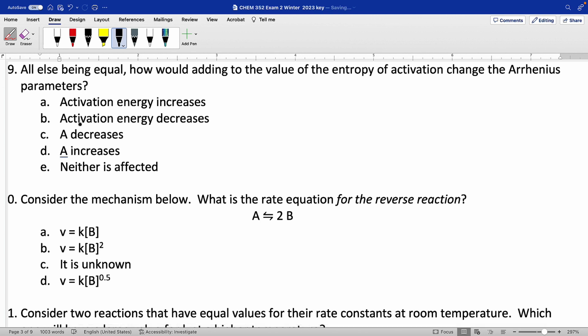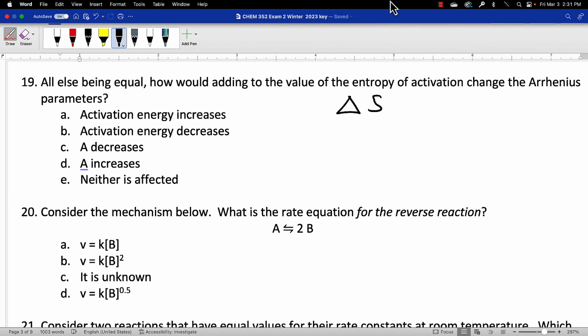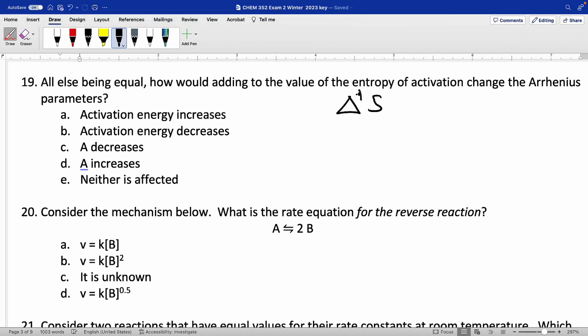And here, similar problem, where we're taking our entropy of activation, and it's really asking the same question, just another way. What's the relationship between activation entropy and the pre-exponential factor A?